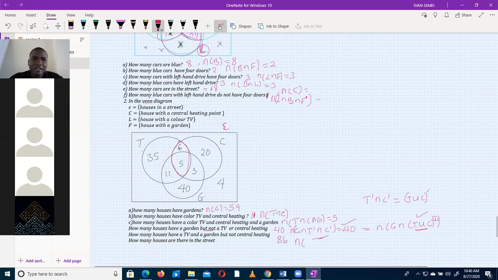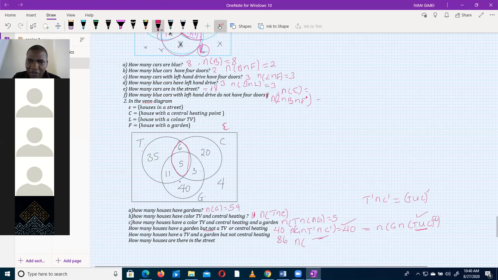That is TV intersection garden. When you go to a house, that house must have a TV and garden, but the only thing they're missing is central heating. That's what they're trying to tell us here. Can somebody tell us how we write that in set notation?